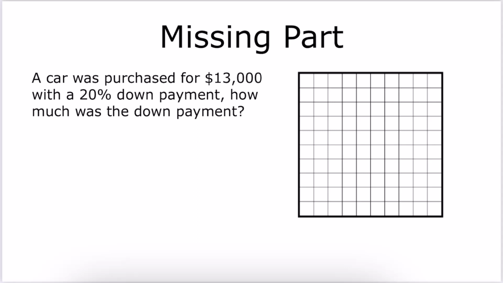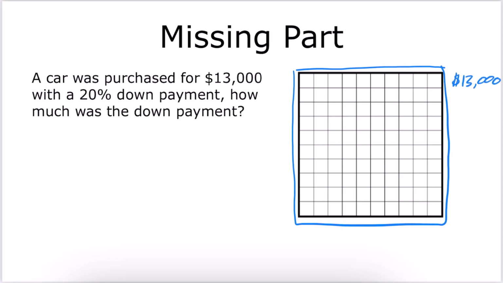The way we're going to think about this is we're going to say the whole is $13,000. That's the whole cost of the car, and this is also 100%. Remember, when you're working with percentages, you can think about it as equivalent fractions, where you have the whole being equivalent to 100%, and then you have the part, which is the thing we're looking for, being equal to the percentage that you're talking about, which in this case would be 20%.